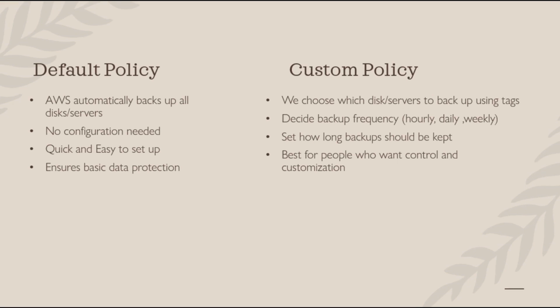So it will be best for the people who want to control the entire backup process. If the user wants to pick and control what gets backed up and how, then they can go with the custom policy. Or if you want AWS to back up everything for you, then you can go with the default policy.